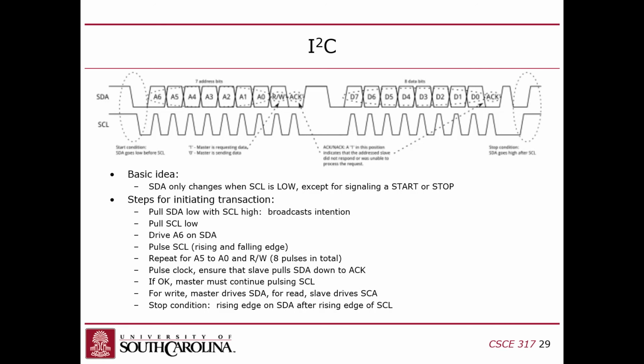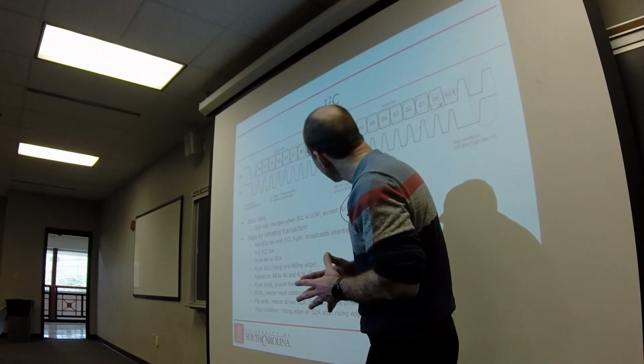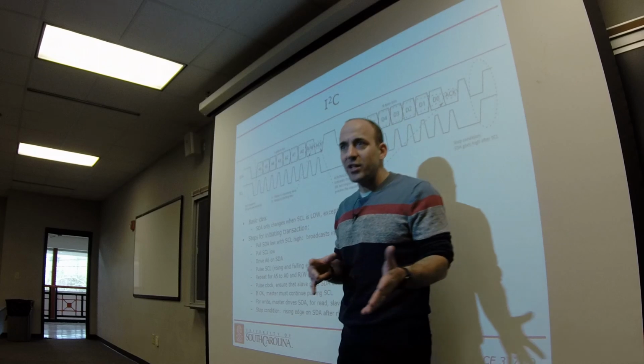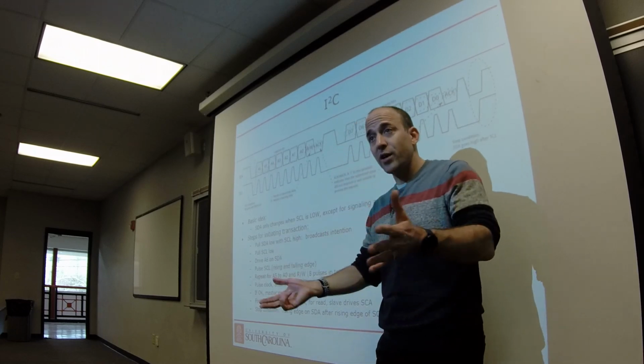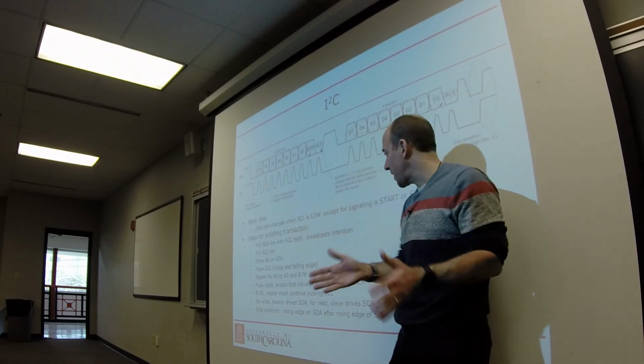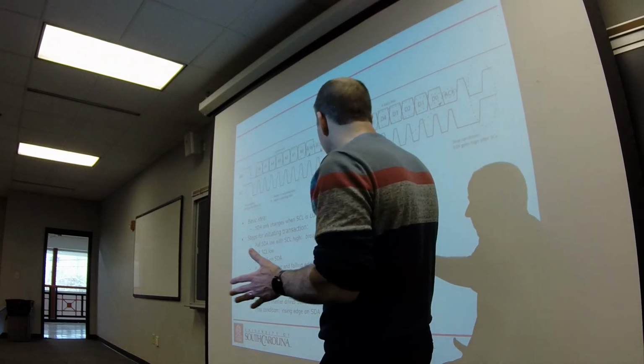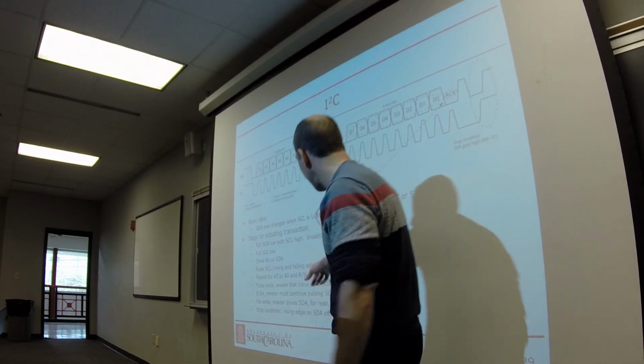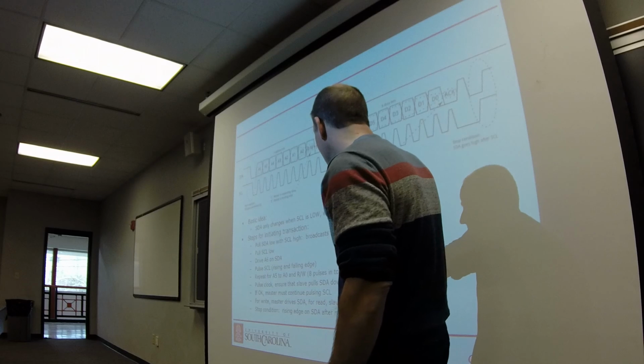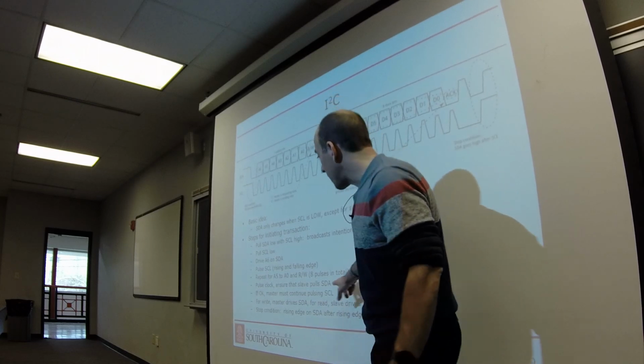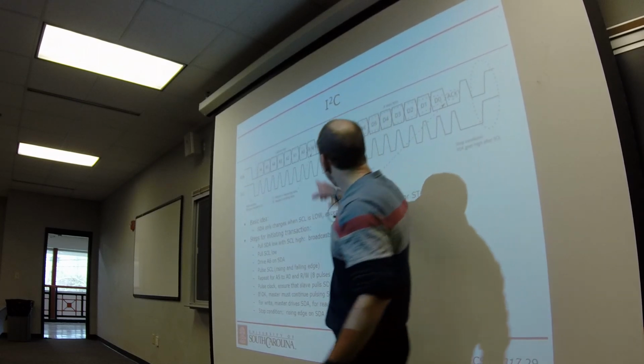So then I start pulsing it, starting with address bit 6, because there's going to be 7 address bits, 6 to 0, starting with the most significant bit. Then I repeat that until I get to read/write, and then I send that. And then I'm going to pulse the clock here.